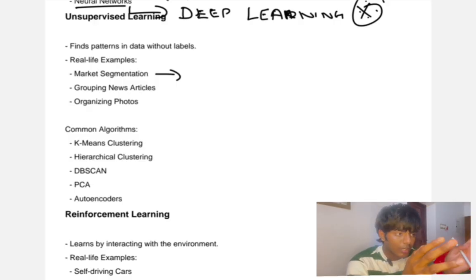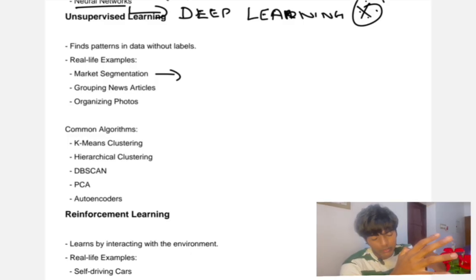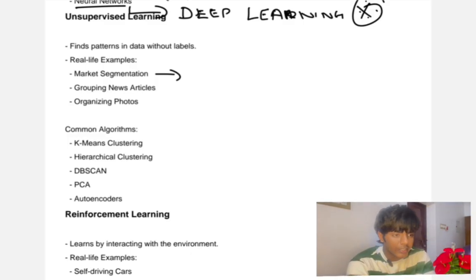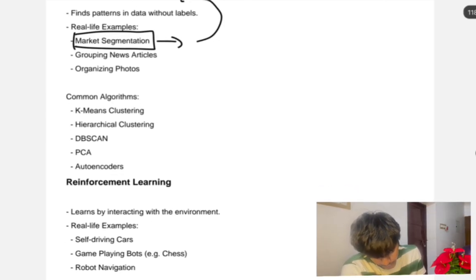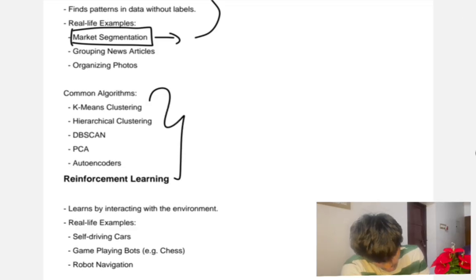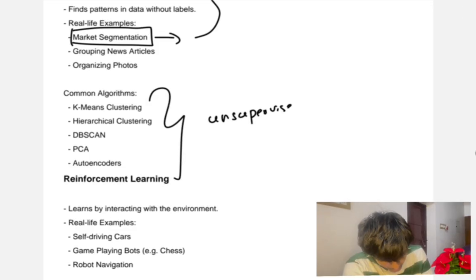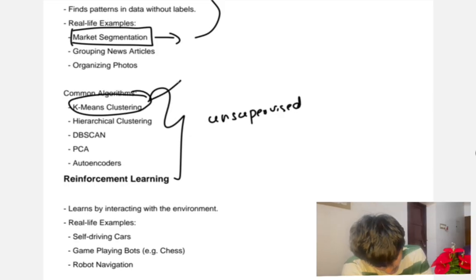So the machine is going to learn from the input alone and predict the output, like whether he or she is going to buy a loan or a credit card. These market segmentations come under unsupervised learning. This is also a very important algorithm, and in particular K-means clustering is very important for segmentation.